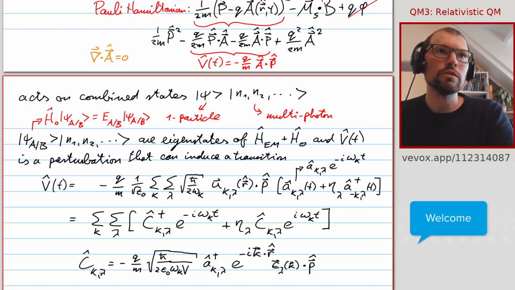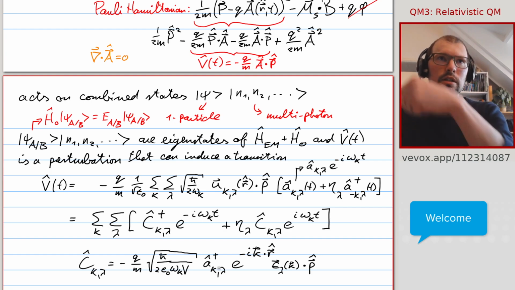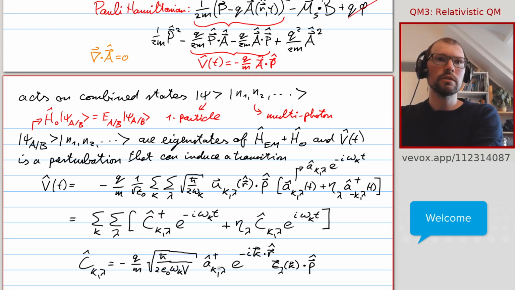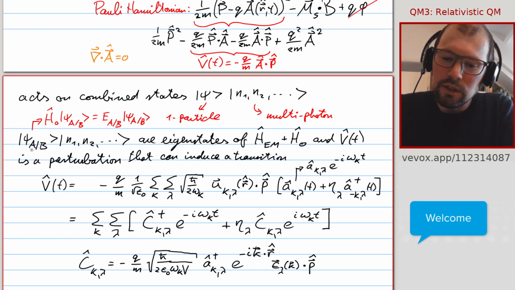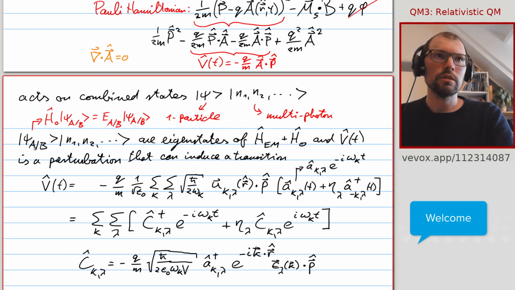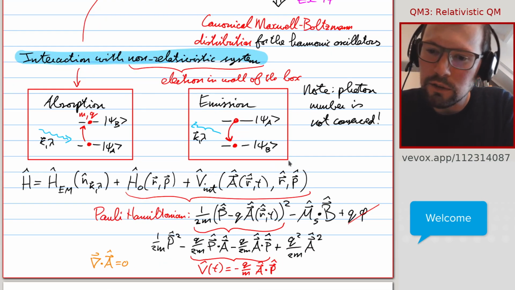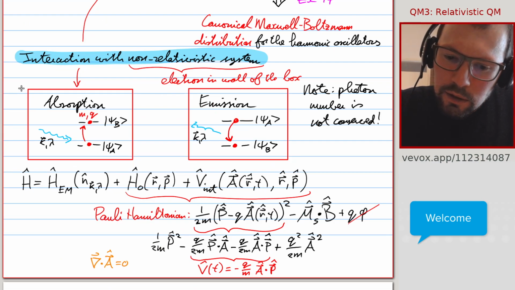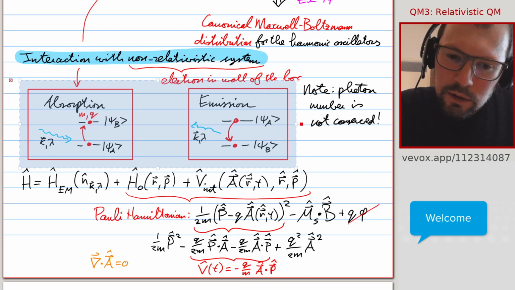So that should correspond to an emission event, while the C dagger here, which has just an annihilation operator, destroys a photon and makes a transition between the one particle state to another one. So let me just copy these pictures here for reference.